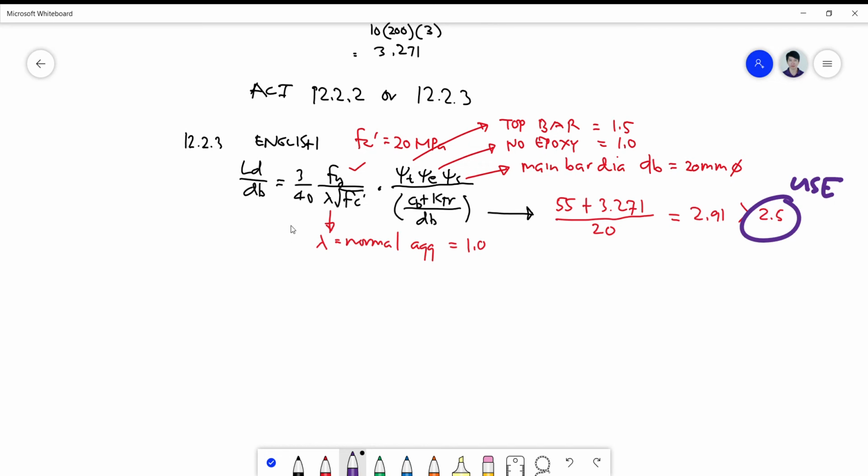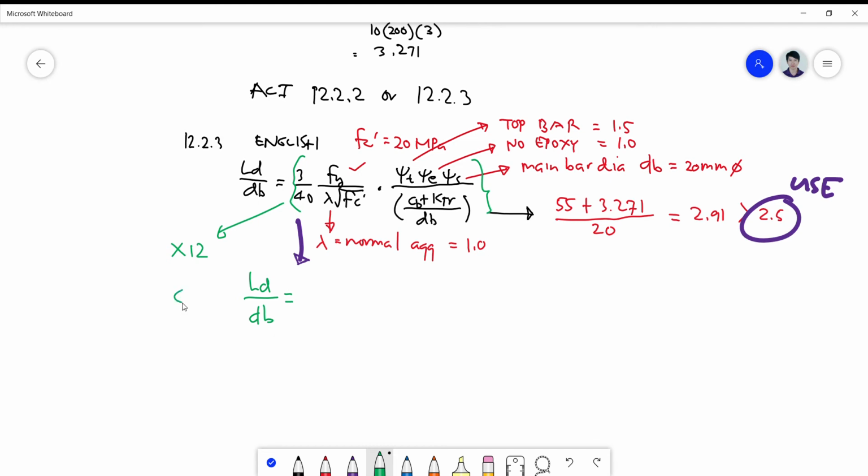Okay? Now, how do you convert English formula to metric formula or SI? So you simply multiply it by 12. Okay? So remember that. So we multiply the whole equation by 12, so as to convert your equation from English to SI.